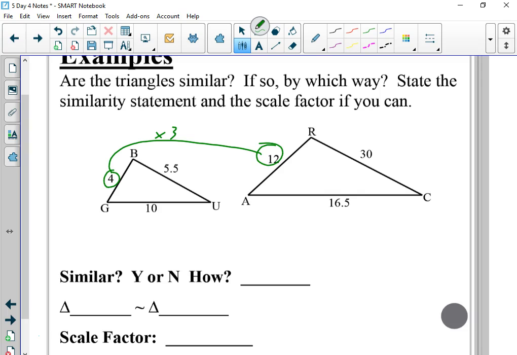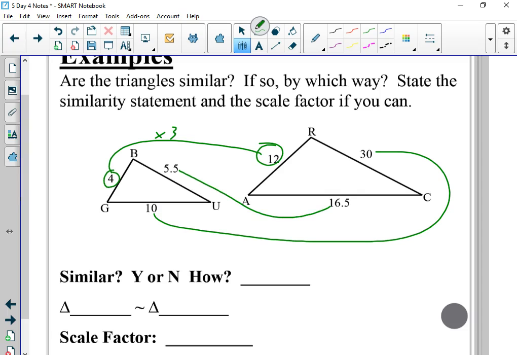Now, is 5.5 times 3 equal to 30? No, it's not. But 10 times 3 is 30, and 5.5 times 3 is 16.5. So even though they're drawn to look like it's just left to right, slide and get bigger, it's not.